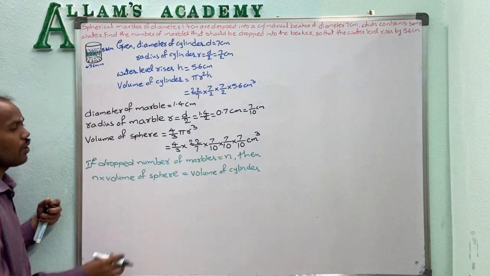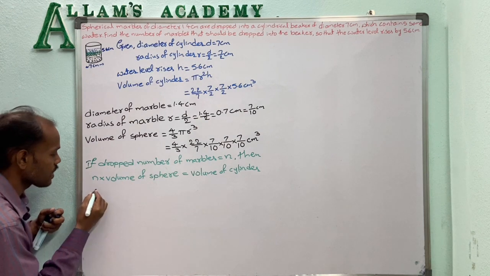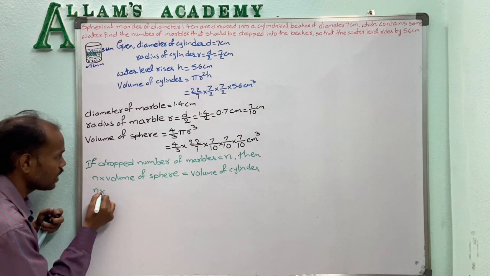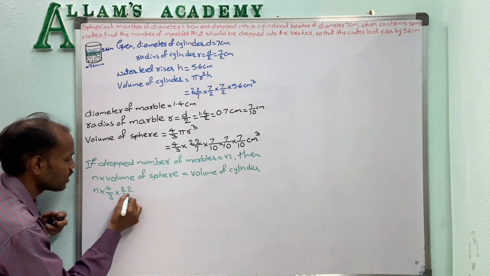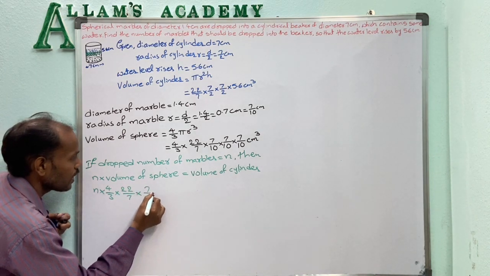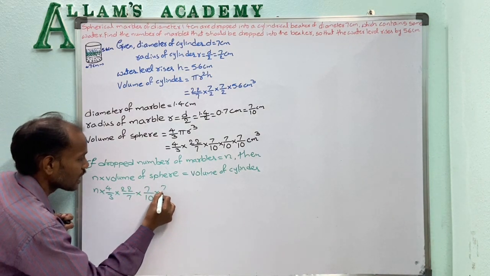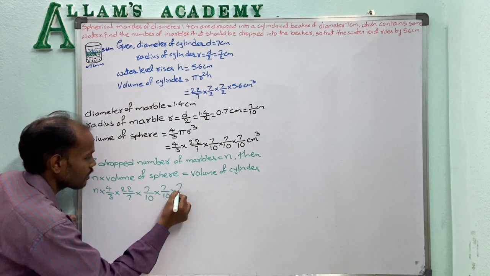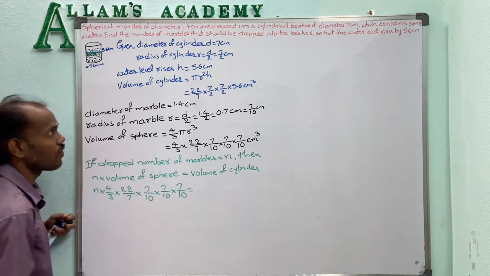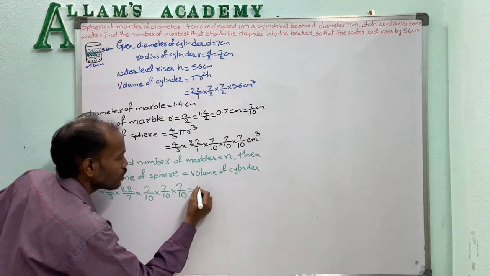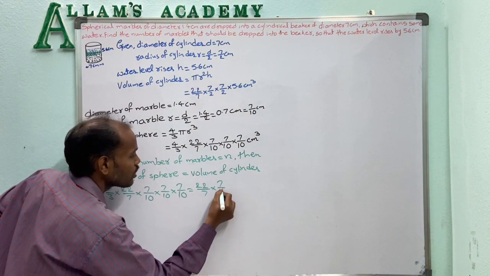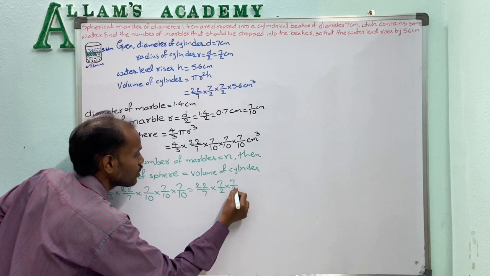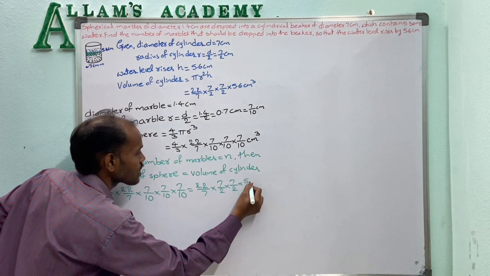Substituting this one: n into 4 by 3 into 22 by 7 into 7 by 10 into 7 by 10 into 7 by 10 is equal to 22 by 7 into 7 by 2 into 7 by 2 into 5.6.